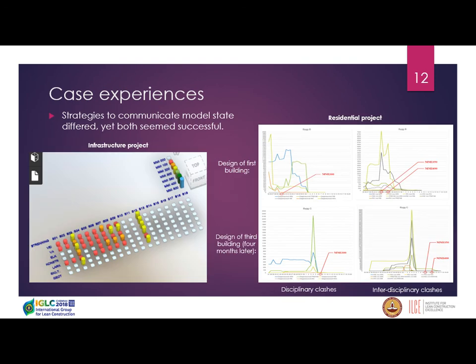Now, as I mentioned before, the approaches to communicate model state differed quite significantly. What you are seeing here on your right, or probably not seeing, I'm sorry for that, is the approach taken in the residential project, where on a weekly basis the number of collisions in the model was charted by discipline to the left, and between disciplines to the right.